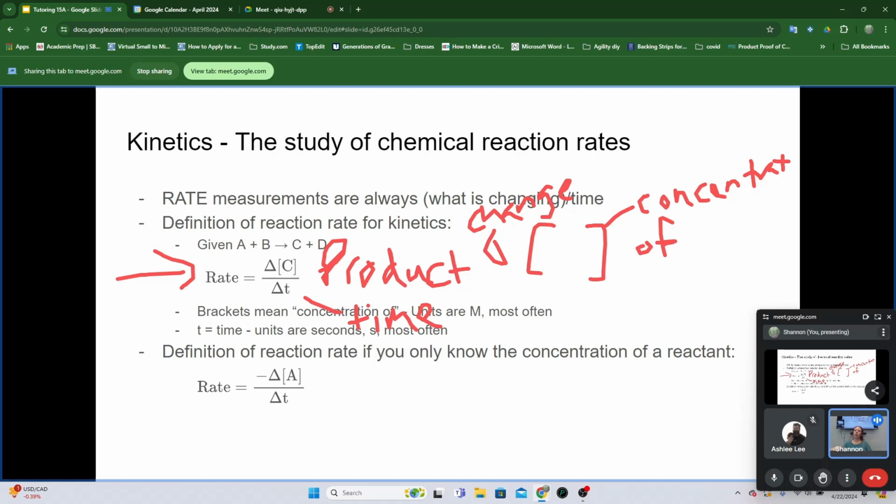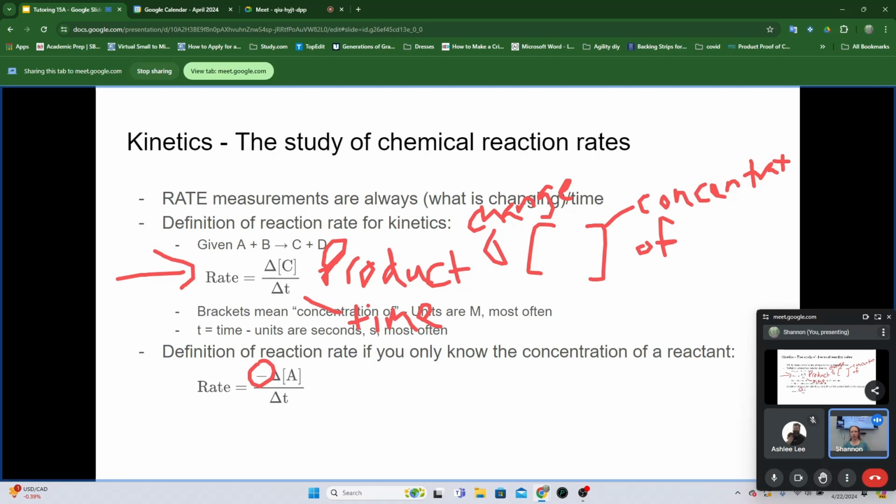Okay, but if we only have the reactant, that rate is going to be negative if we don't do something to it, because the concentration is going to decrease over time. And so we just add a negative symbol in front of the change in the concentration of the reactant so that the rate will be positive.